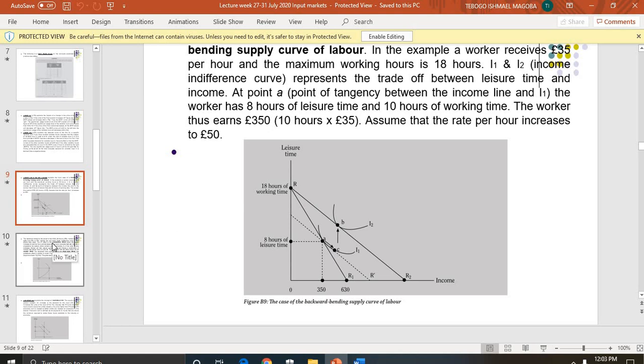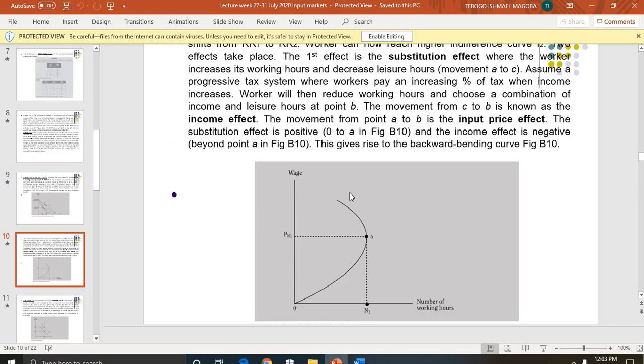So then the worker becomes reluctant and will reduce their working hours and choose a combination of income and leisure at point B. And then we say the movement from C to B, remember we substituted, from C to B is known as the income effect.